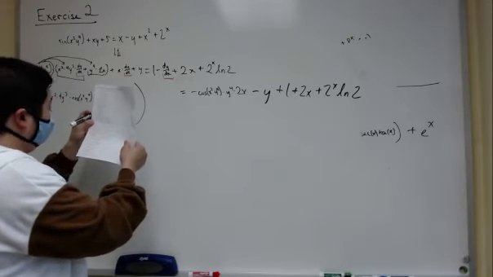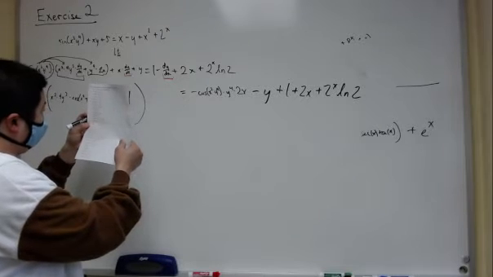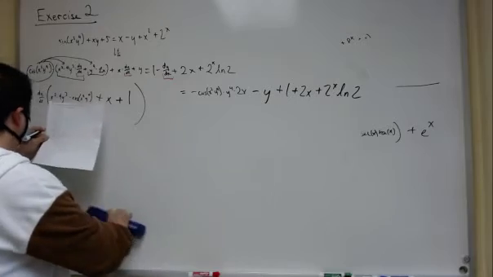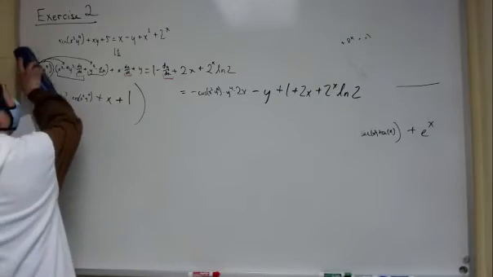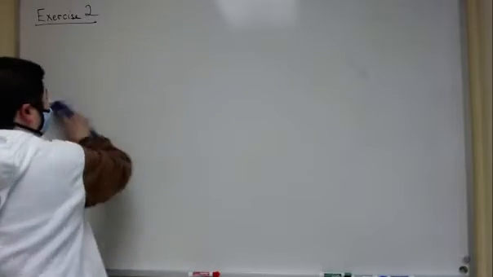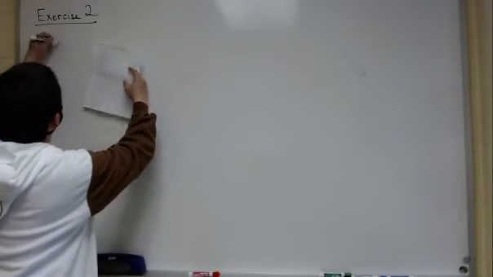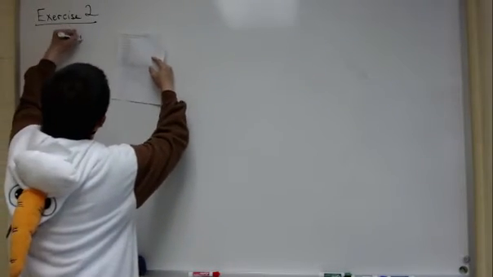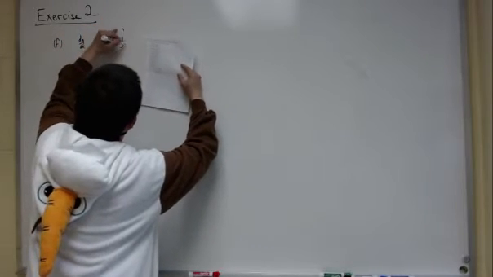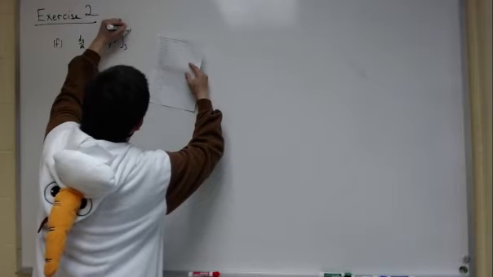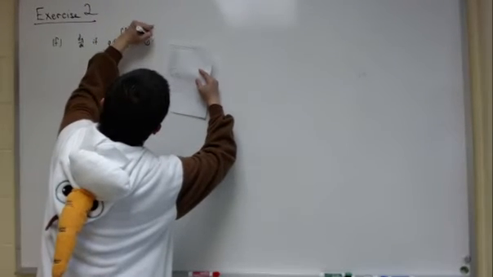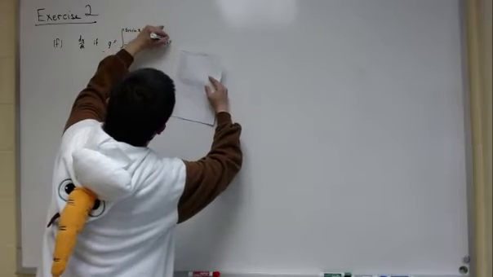Let's take a look at parts F, G, and H. So part F: find dg/dx if g is equal to the integral from 3 to arc sine of x of 6t cubed dt.